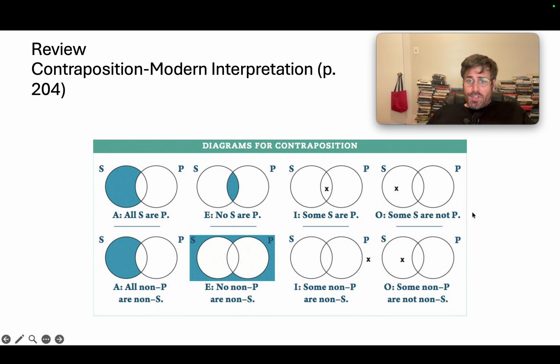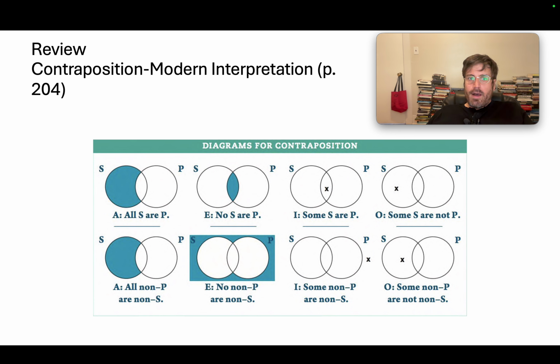For O propositions, we begin with some S are not P, with X in region 1 again, and the transformed contrapositive is some non-P are not non-S. And even though this sentence may sound very different from some S are not P, we do still have an X in region 1 in the subject group outside of the P group, so this is logically equivalent. The O proposition is validly contraposed.